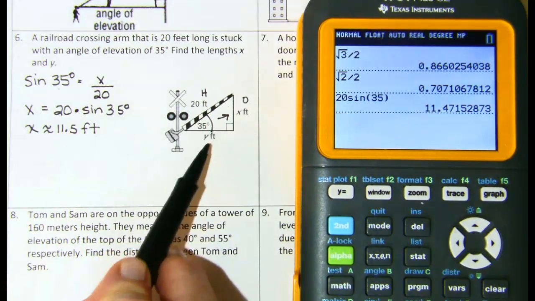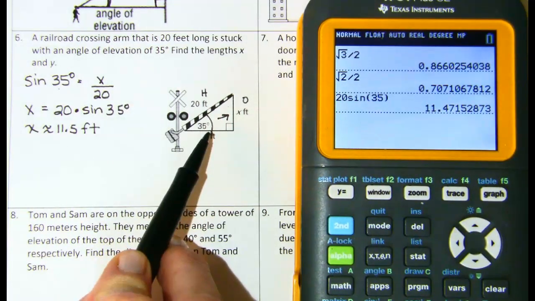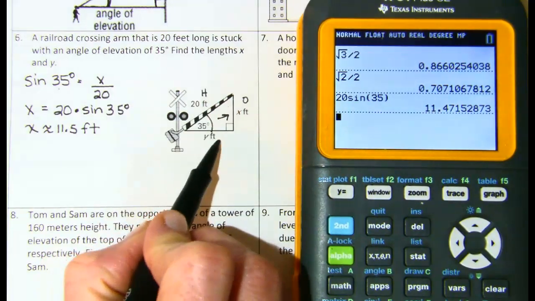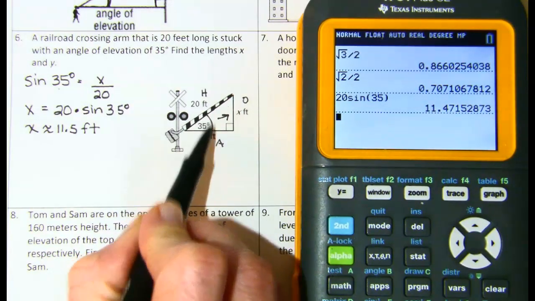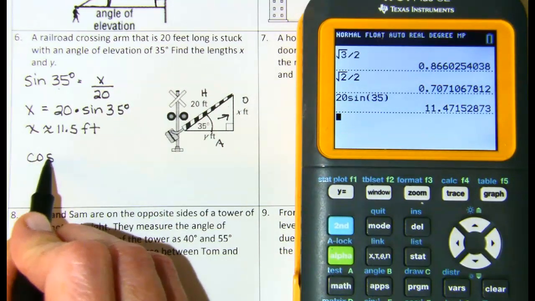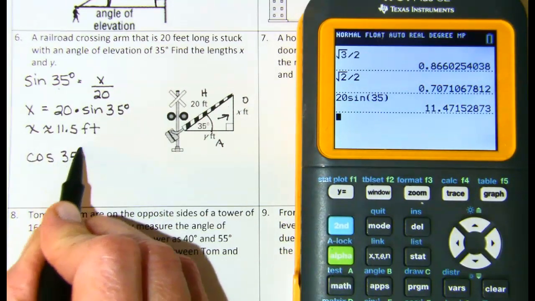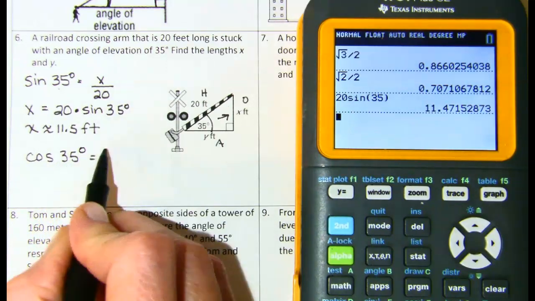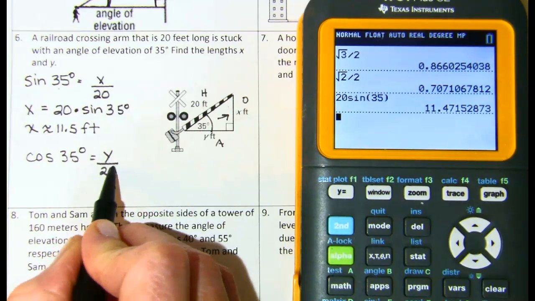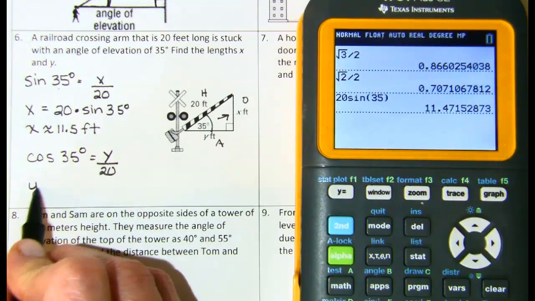Now, for accuracy, I am not going to do the Pythagorean theorem because this is now rounded. I could to find Y, but it is actually quicker just to use cosine now because this is the adjacent leg and that's the hypotenuse. So we don't have to do the Pythagorean theorem. We can just say cosine 35 degrees equals adjacent over the hypotenuse, which is 20. Cross multiply.